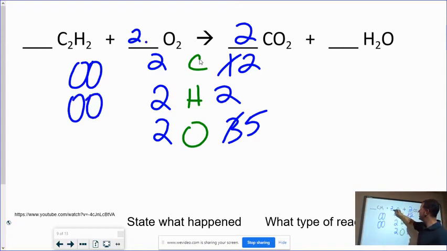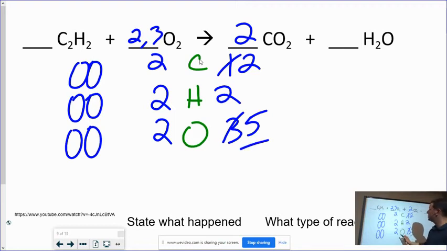If I put a 3 here, that's 6 O's. So I get 4 or I get 6, but I need 5. So what do I do? I go in between these numbers and I go with a 2.5. That gets me 1 of those oxygens gone and brings me exactly to 5 O's.